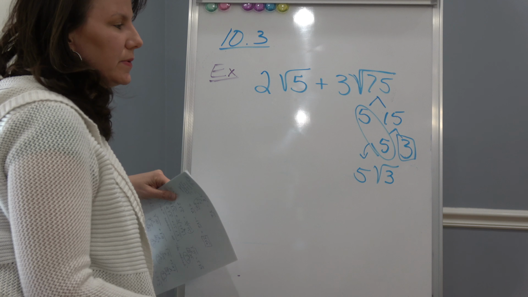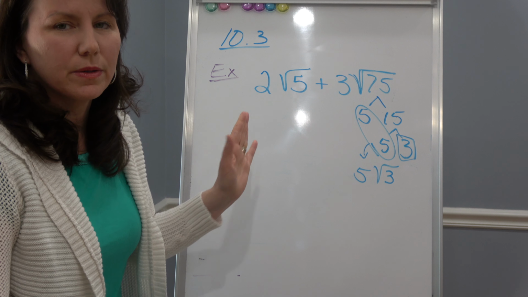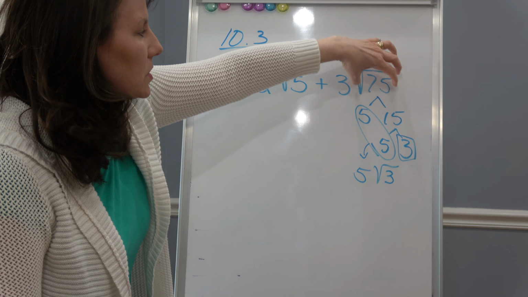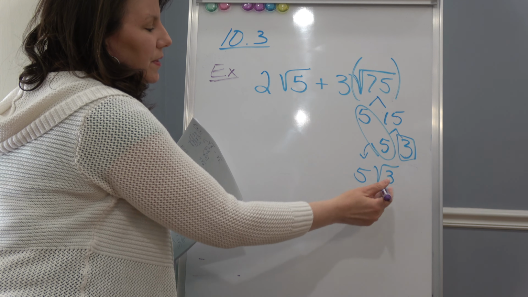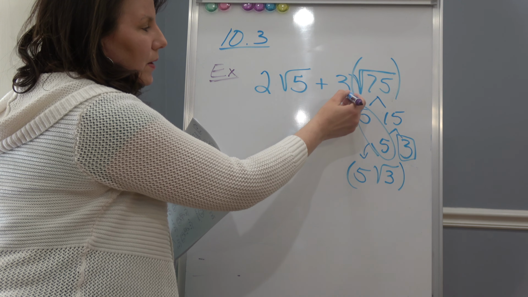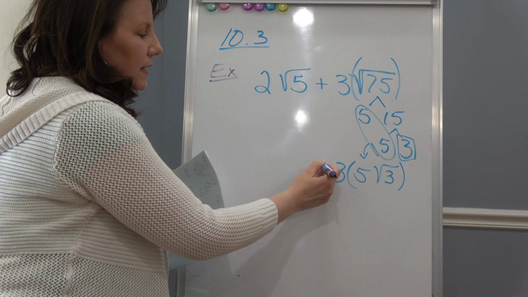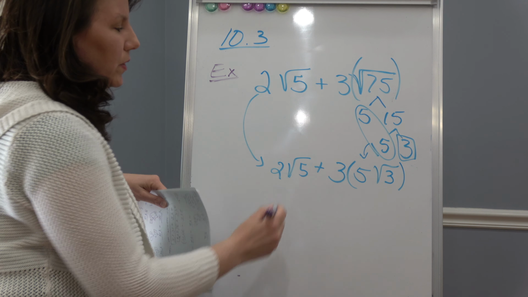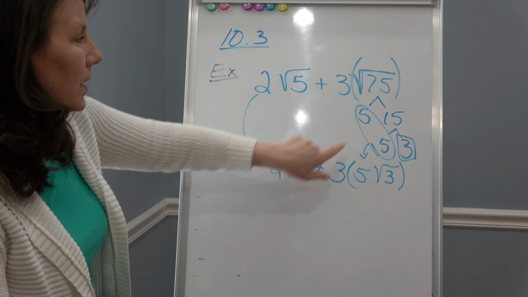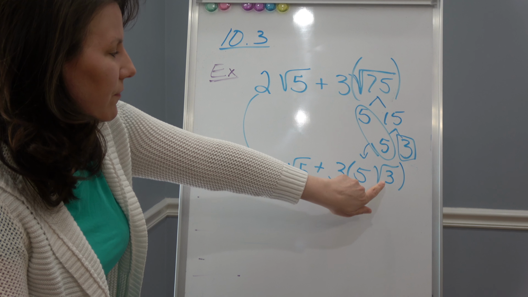Now here's where people start losing part of the problem. This is just the square root of 75. So now I need to put this right back where that was. So I did have a 3 on the outside. Just carrying everything down for organization's sake here. So this is 5 root 3, right?